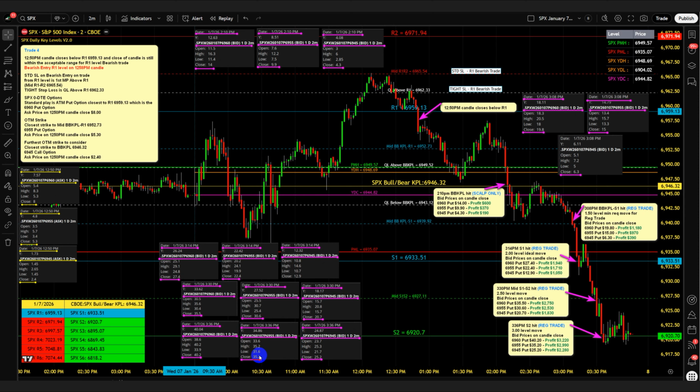Here are the data boxes for the 3:36 p.m. candle close. 69.60, $40.20 bid on the candle close, profit $3,220. 69.55 put 35.20. Remember that one was 5.30 to start with, profit $2,990. 69.45 put 25.20, profit $2,280 per option.